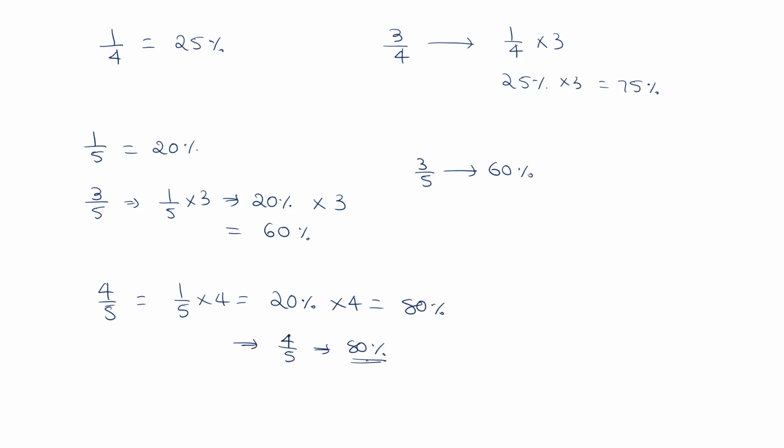Okay, I hope you are following and you are able to understand what I am saying. Next one, another important conversion, that is 1 upon 7. 1 upon 7 is equal to 14.2/7%.